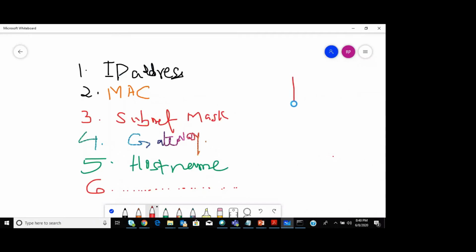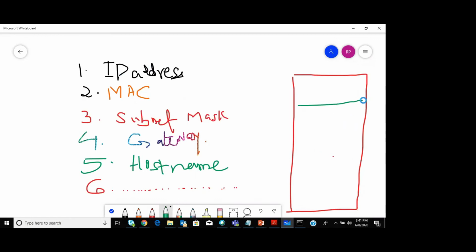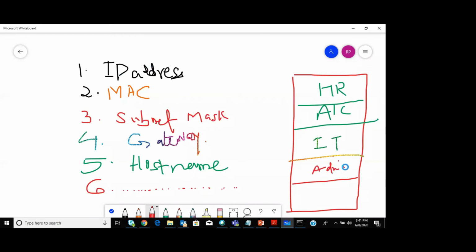Suppose this is your company, and in your company you have HR department, accounts, and you have IT, and you have admin, and here is your management.